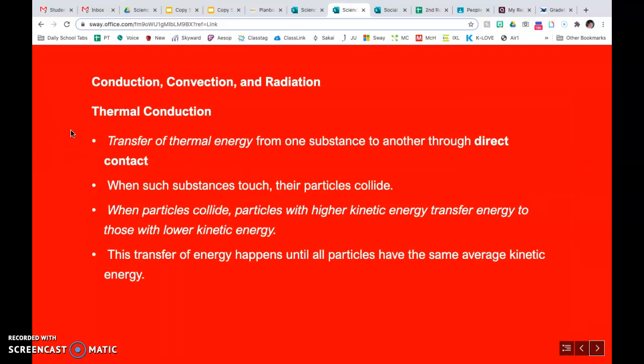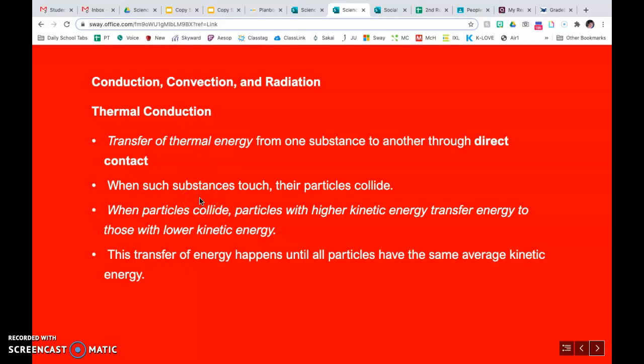So let's deal with conduction, convection, and radiation for just a second. Conduction. If you put your hands together, they're touching. To have conduction, there must be direct contact. The transfer of thermal energy from one substance to another through direct contact is called conduction.